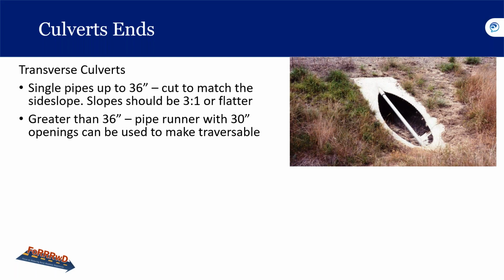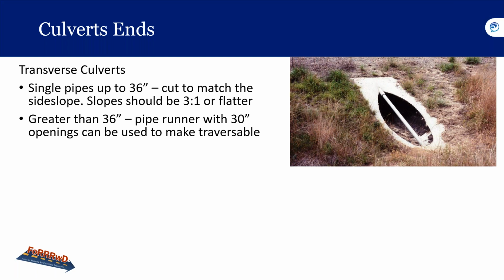It's at least 36 inches, maybe more, but it says single pipes up to 36 inches. We can cut those to match the side slope, so the car doesn't have to hit a strong fixed object, which is obviously not good.